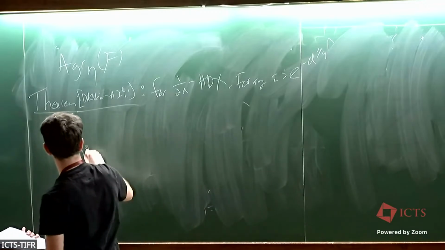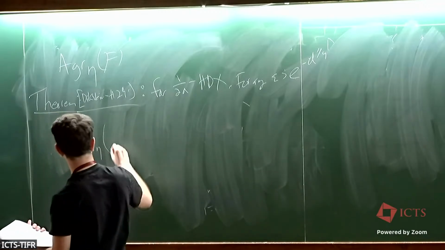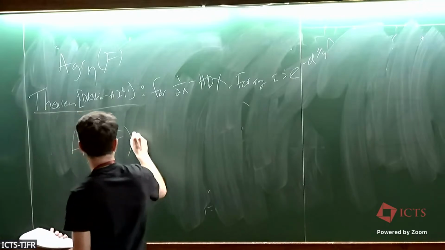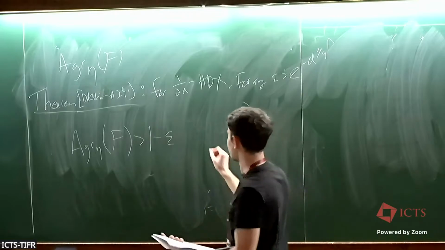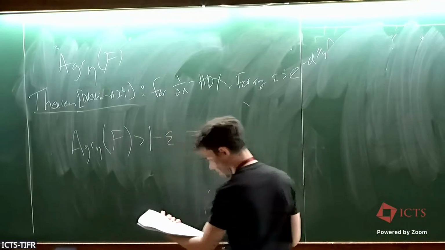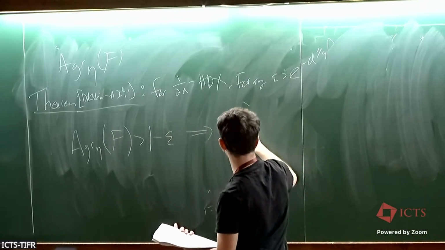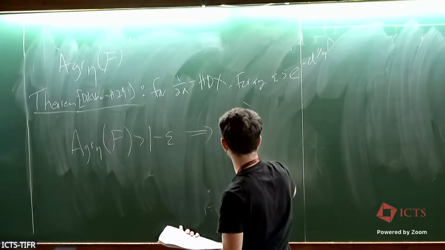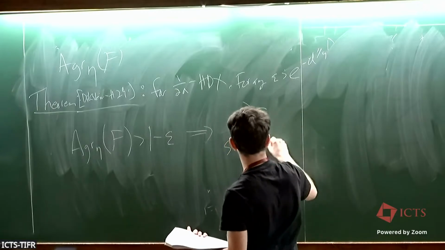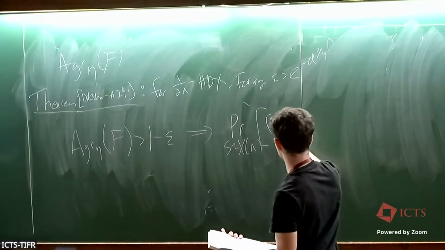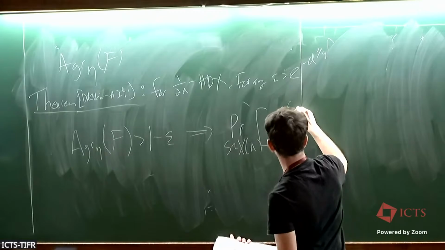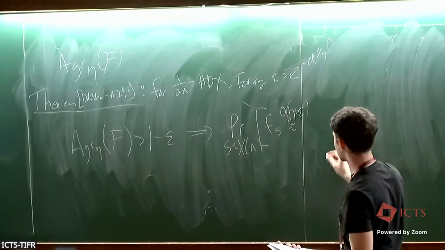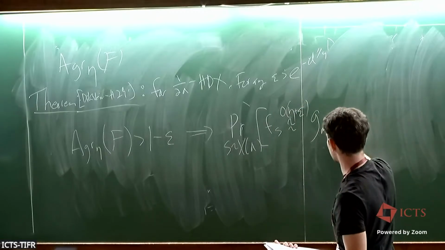If my test passes with probability at least 1 minus epsilon, then this implies that the probability over d faces that f of s is O of eta plus epsilon close to the majority function, G majority restricted to S, is greater than or equal to 1 minus O of epsilon.